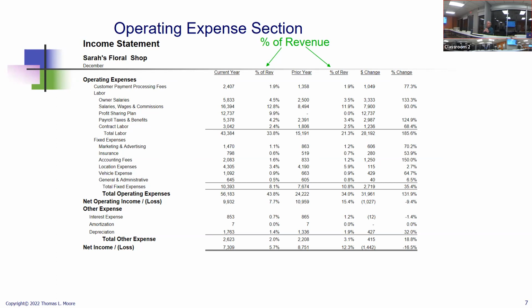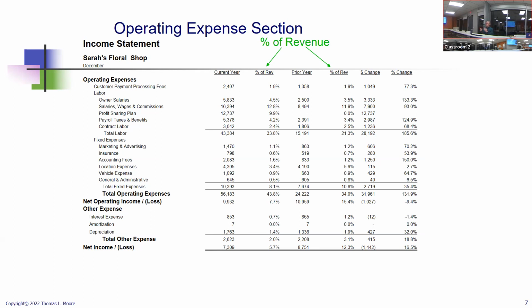The same thing for payroll, taxes, and benefits. If you're paying employees, you're going to have to pay payroll, taxes, and benefits. So that tends to be more stable than if you were going up and down. Contract labor, that could be argued. It's not a fixed expense, it's variable. But the way we've categorized it here, we've categorized it as more of a fixed expense or operating expense.